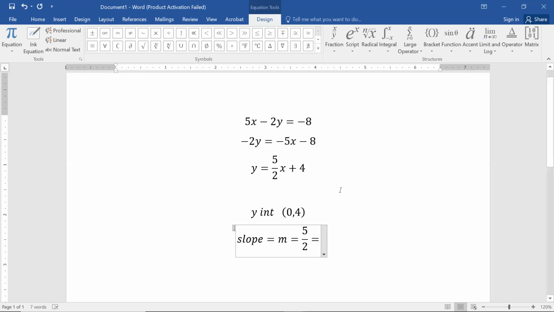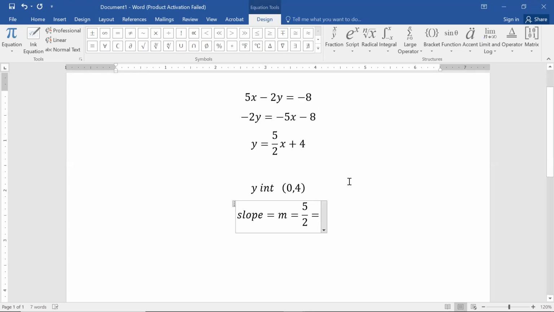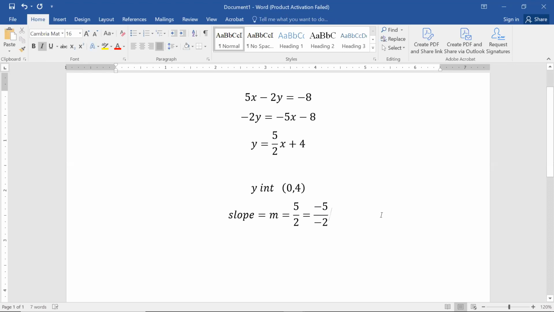I know I've mentioned this before, but I'll mention this again. Doing a positive 5 over a positive 2 is the same thing as doing a -5 over -2. So if you want to go in the other direction, you can think of the slope as -5 over -2 as well.